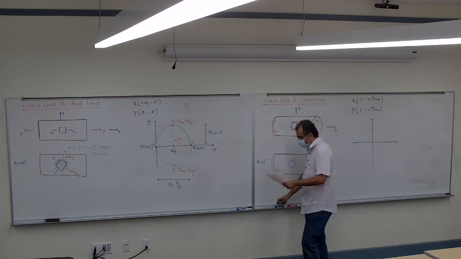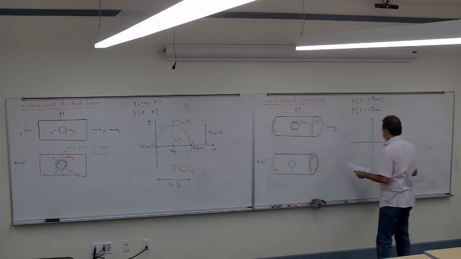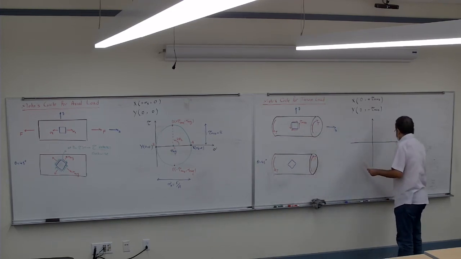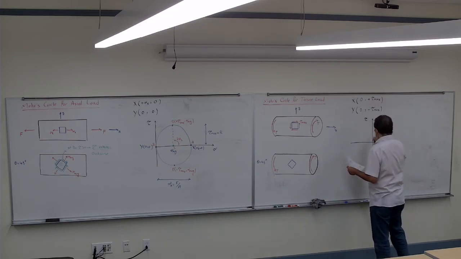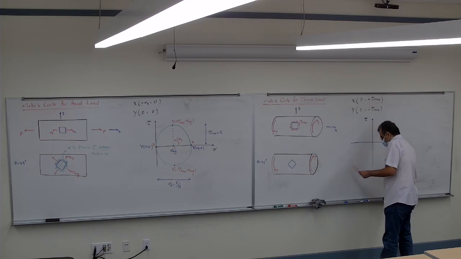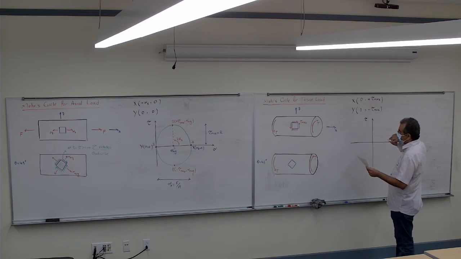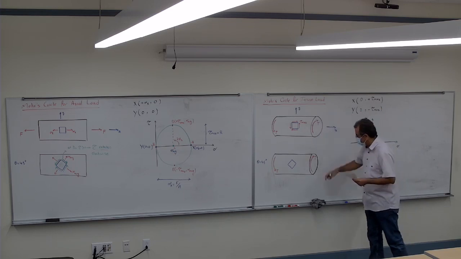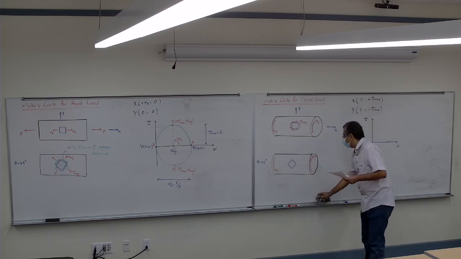where would be the x and y? This is sigma, and that's the tau. So for the x, is it positive or negative? Is it positive tau max or negative tau max for the x?